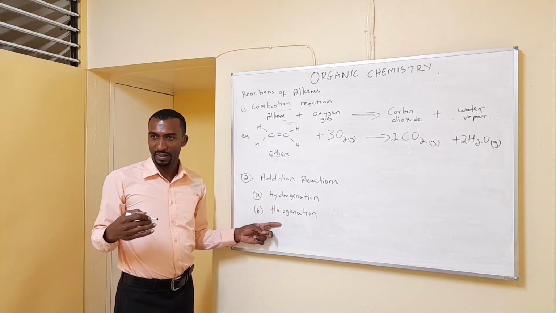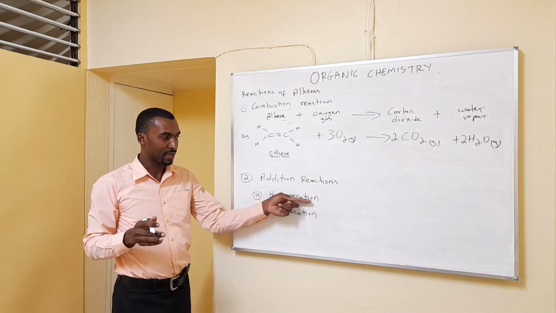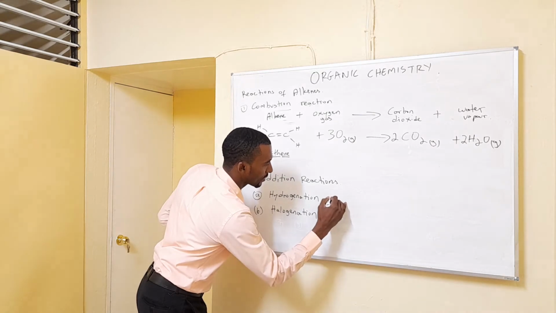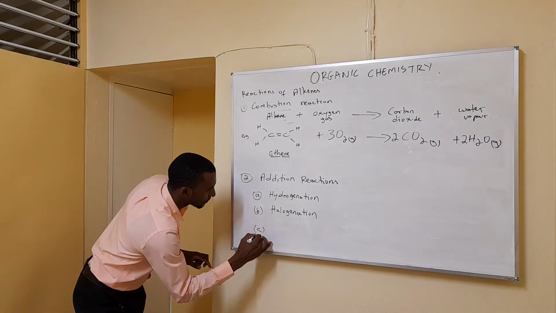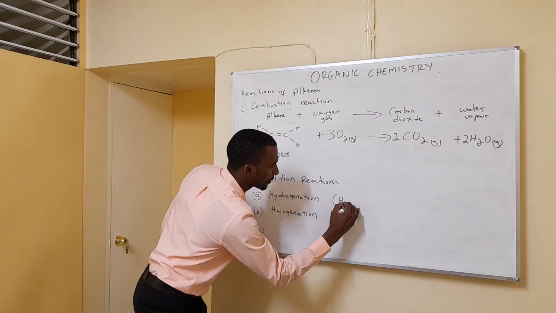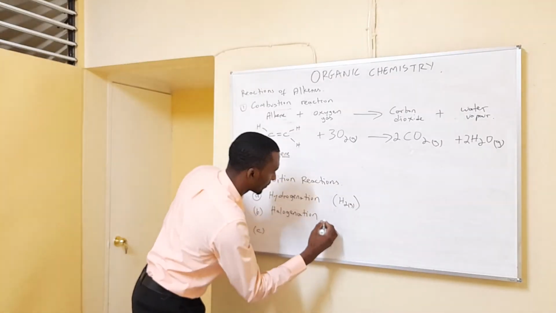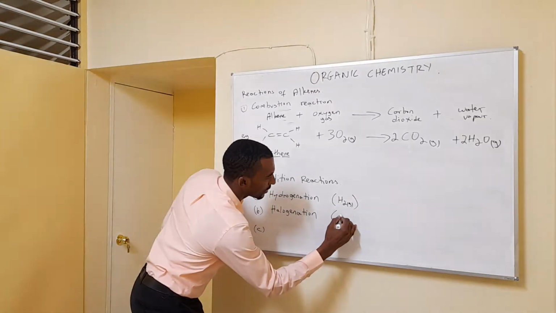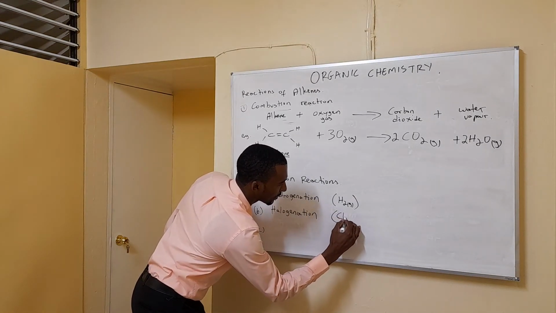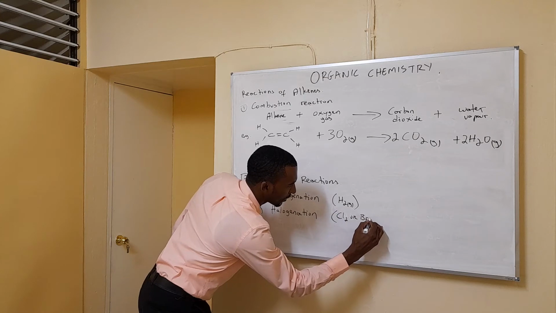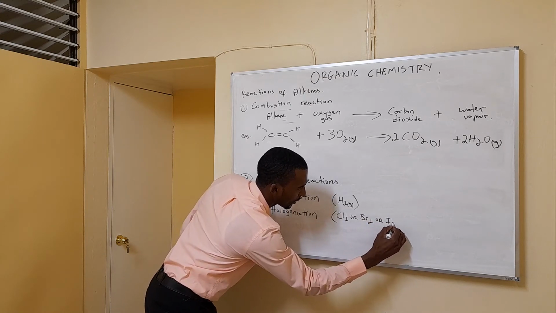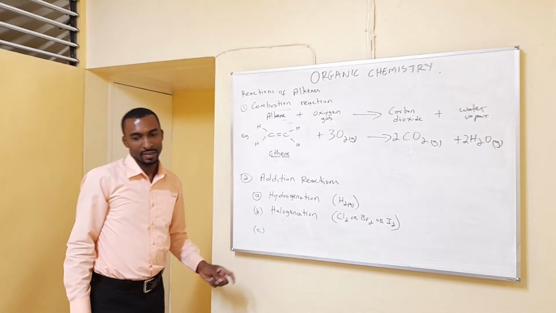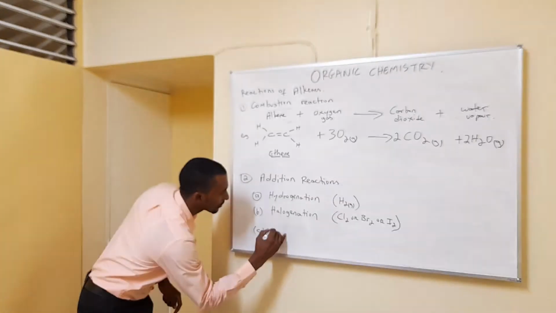Chlorine, bromine, iodine. We can add it across the double bond. We can also have hydrogen across the double bond in hydrogenation, right? So this is C. Hydrogenation is H2 gas we add in. So I'm just writing in brackets the molecule that will be added. In halogenation, it will be Cl2 or Br2 or I2, the halogen. While C is addition of hydrogen halide.